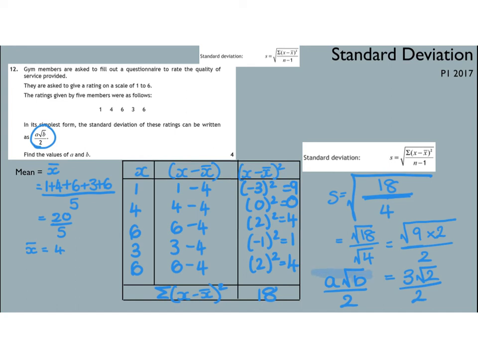Okay, so they want it like this, which I've done, and that helps me to work out that where the A is, I've got a 3 in my answer, and where the B is here, I have got a 2 in my answer. And that's that one finished. Okay, so even if you don't understand this bit here, you can still do all that working out. Okay, so plenty marks to be had.